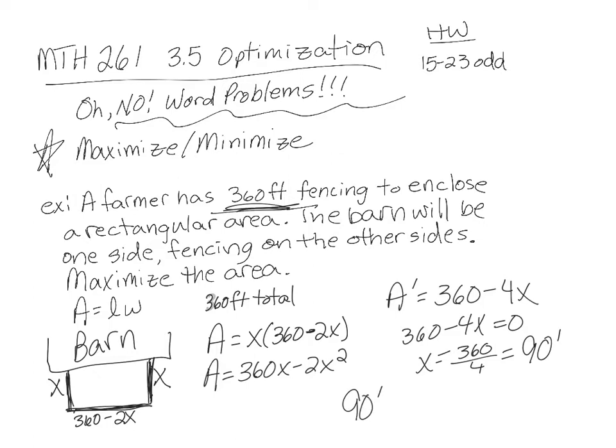It'll be 90 feet on one side and 360 minus 90 twice. What is 360 minus 2 90s? 180. So you want to find the area, the maximum area of this enclosed space.